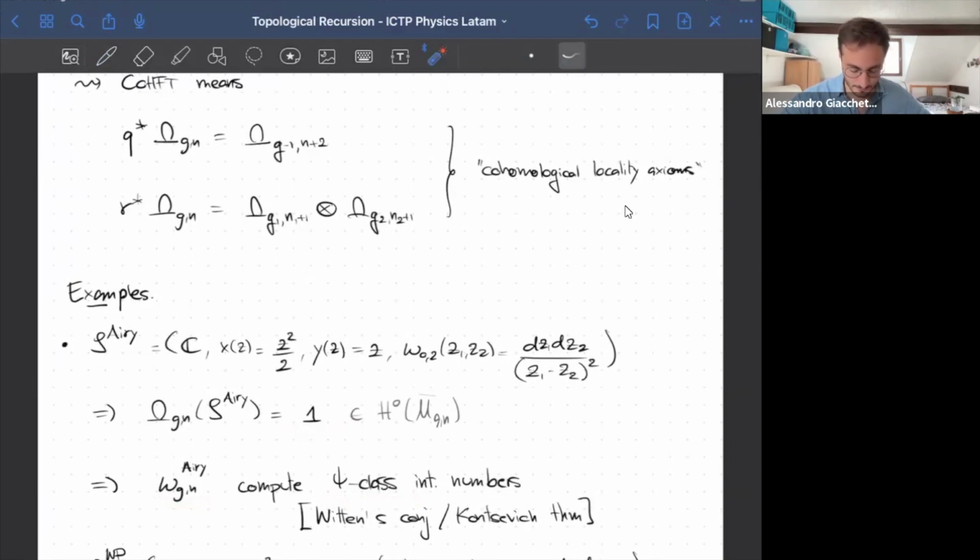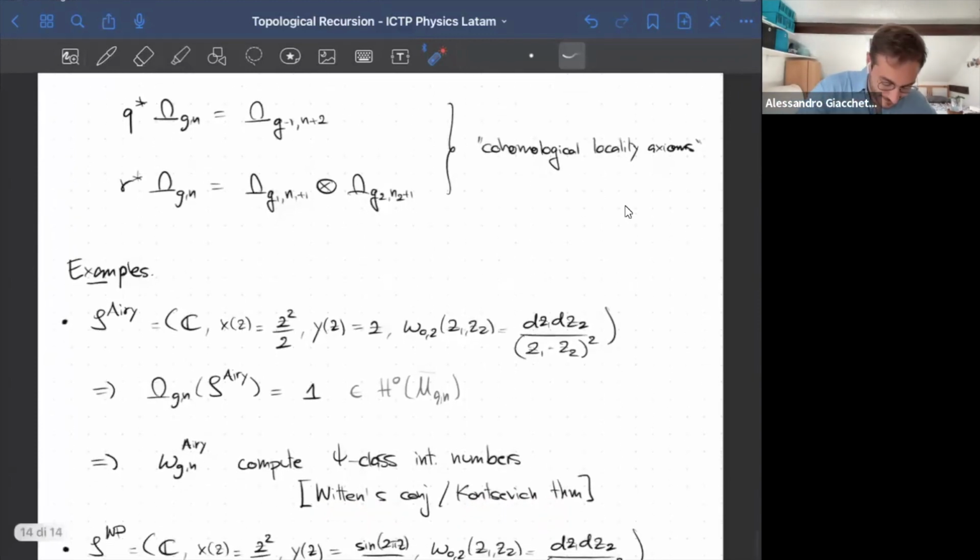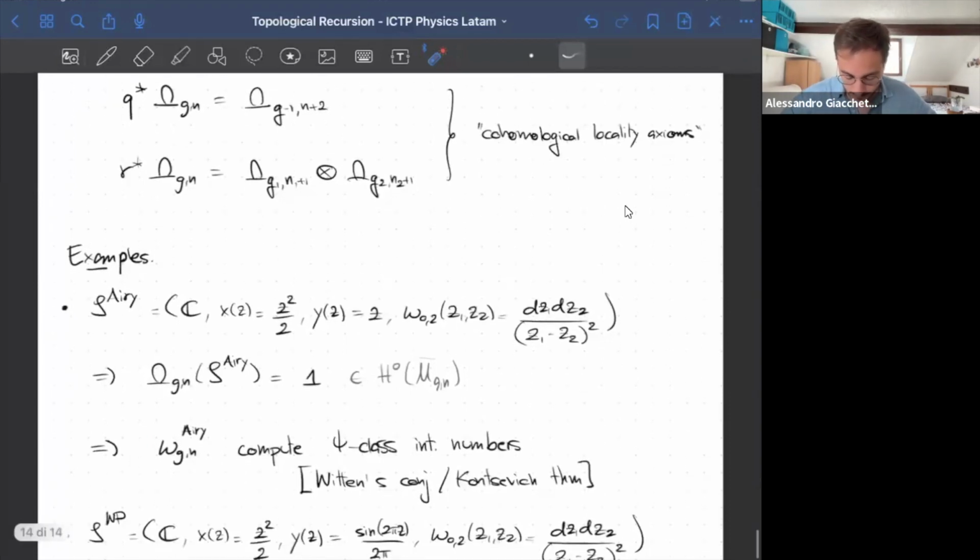The fact that these intersection numbers are computed recursively was essentially the content of Witten's conjecture from the 90s, which was proved by Kontsevich using matrix model techniques. But this formula gives another way of understanding this relation.